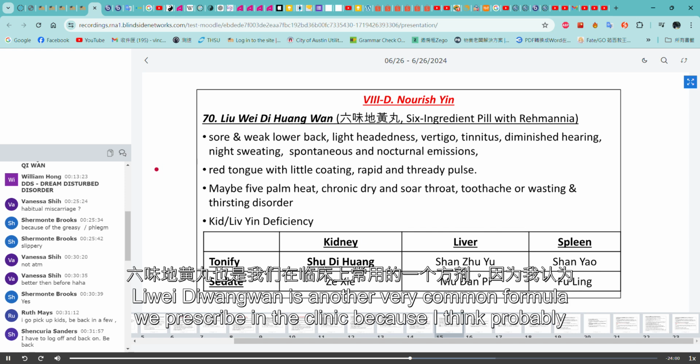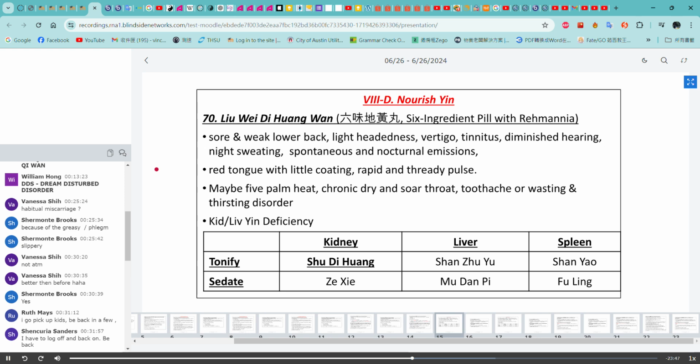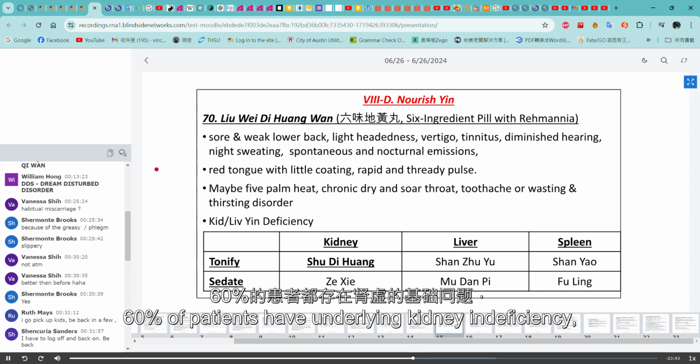Thank you. Liu Wei Di Huang Wan is another very common formula we prescribe in the clinic, because I think probably at least 50%, 60% of patients have underlying kidney insufficiency, right?